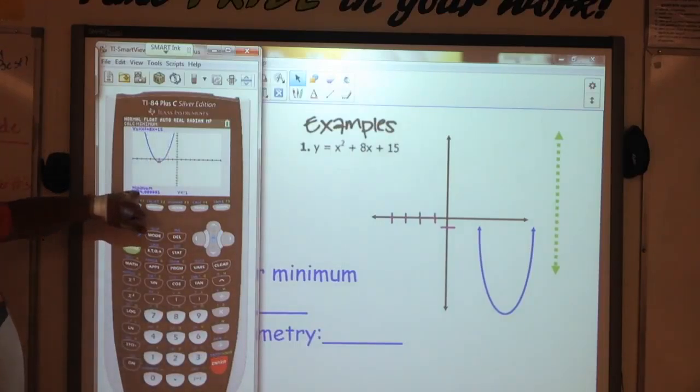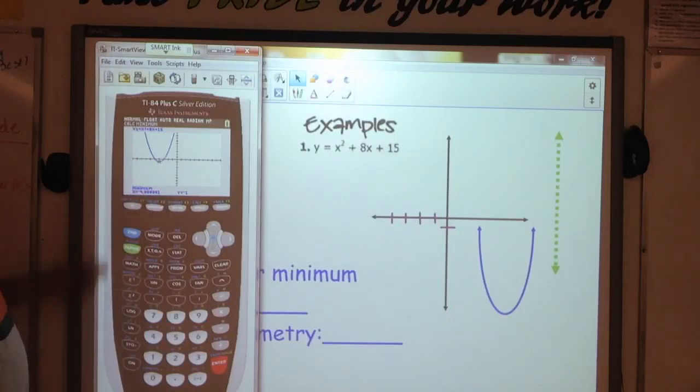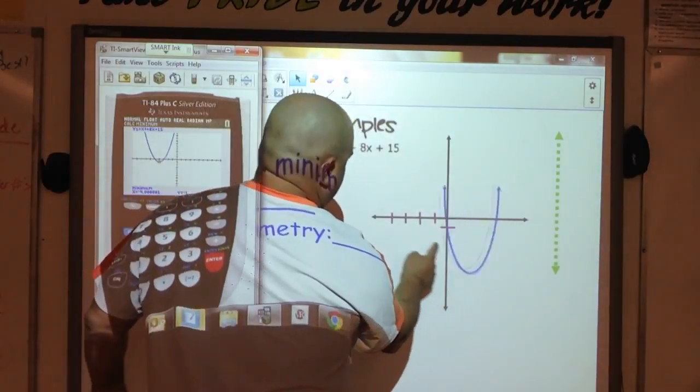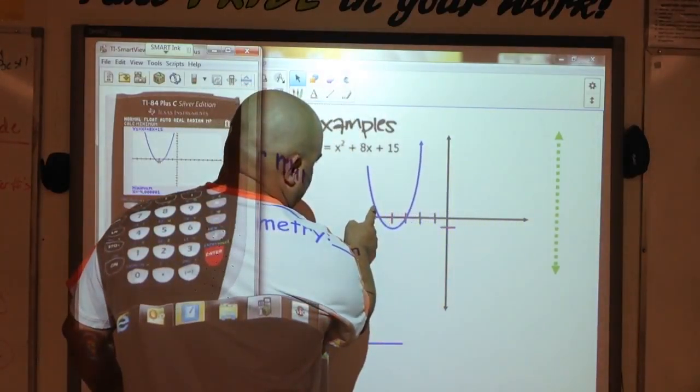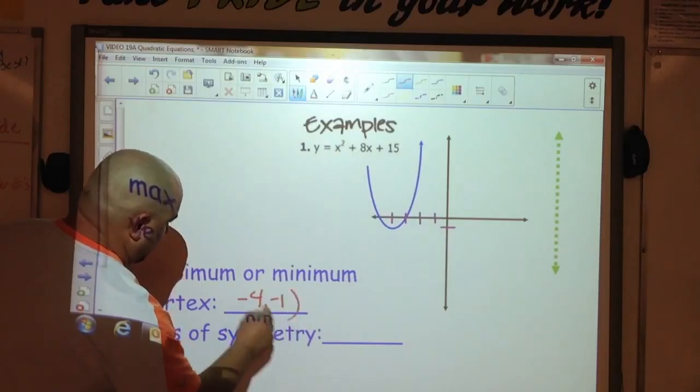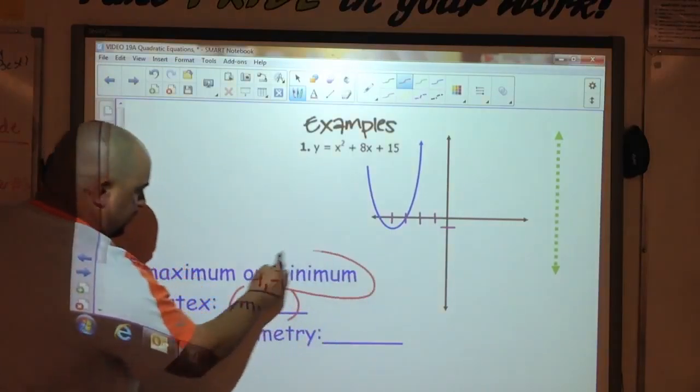So notice it says here my minimum is -4 and -1. So I can actually move my graph here to -4, -1. And it says my vertex was -4, -1. We had a minimum.